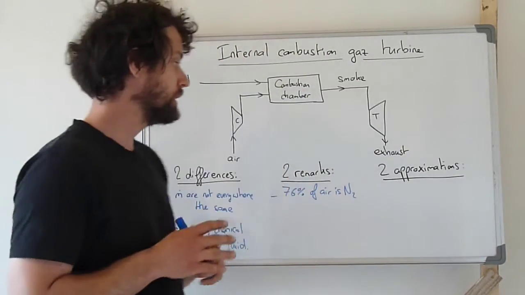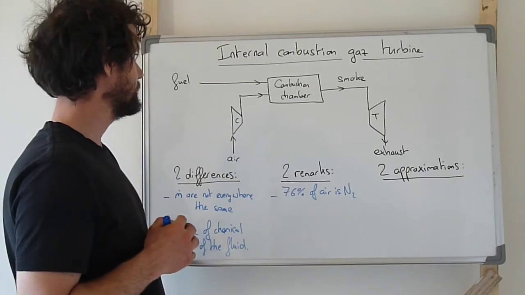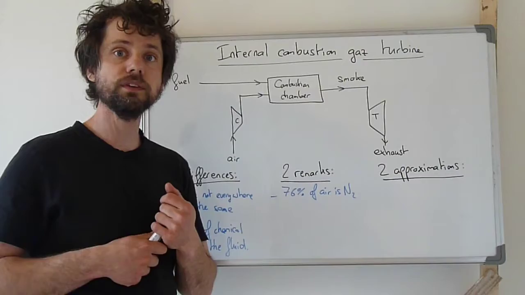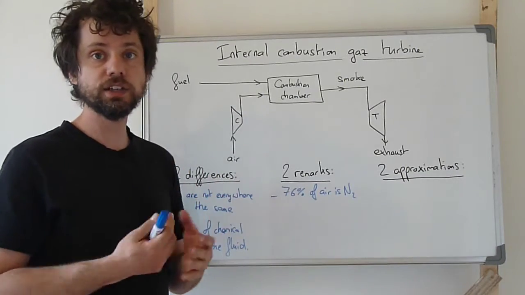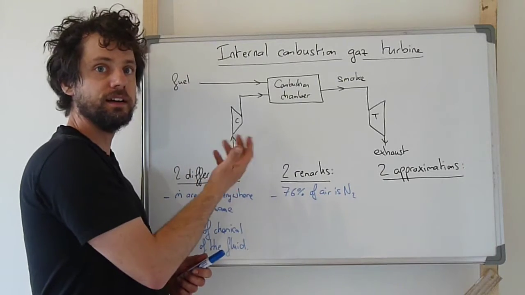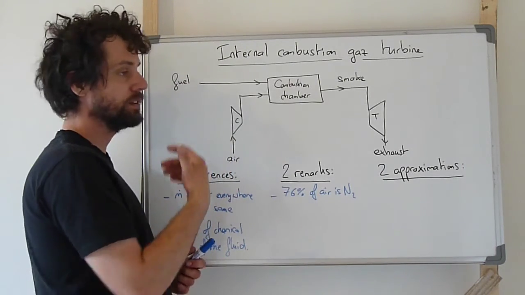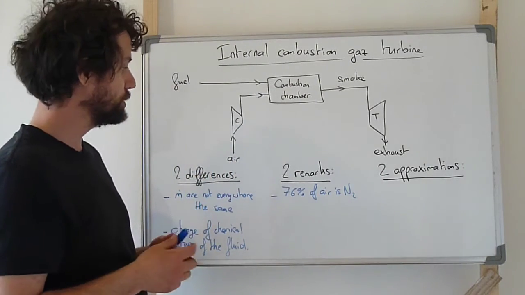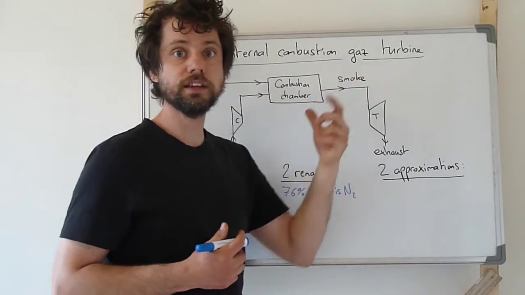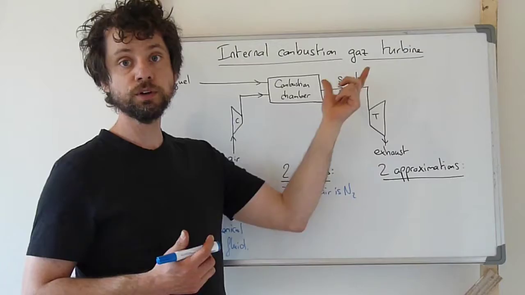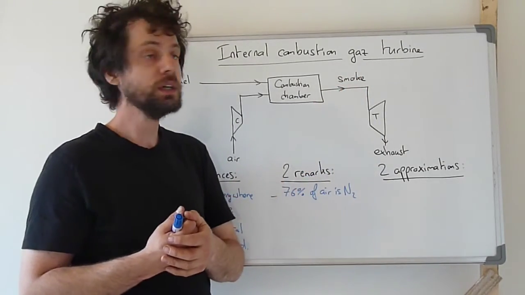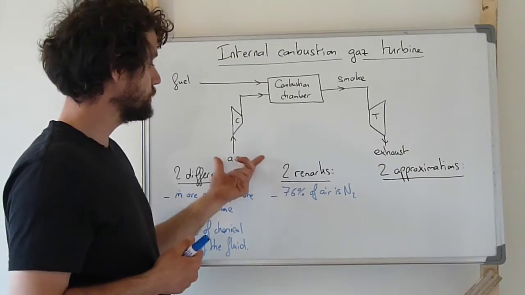For this reason, the gas turbines are working with a quite large excess of air, so there will be more air than the necessary air for the combustion, and so there will be even more nitrogen that will be unreacted in the smoke, but also some remaining O2 that will be unburned.